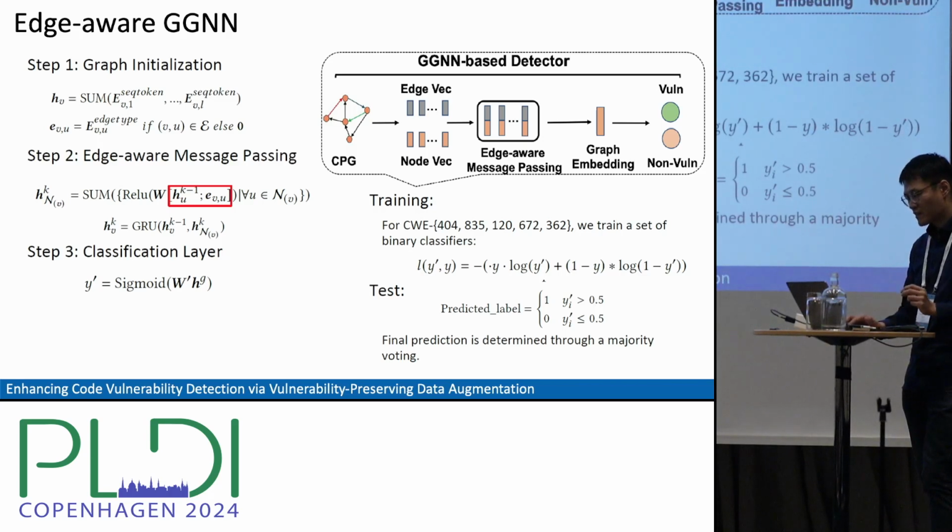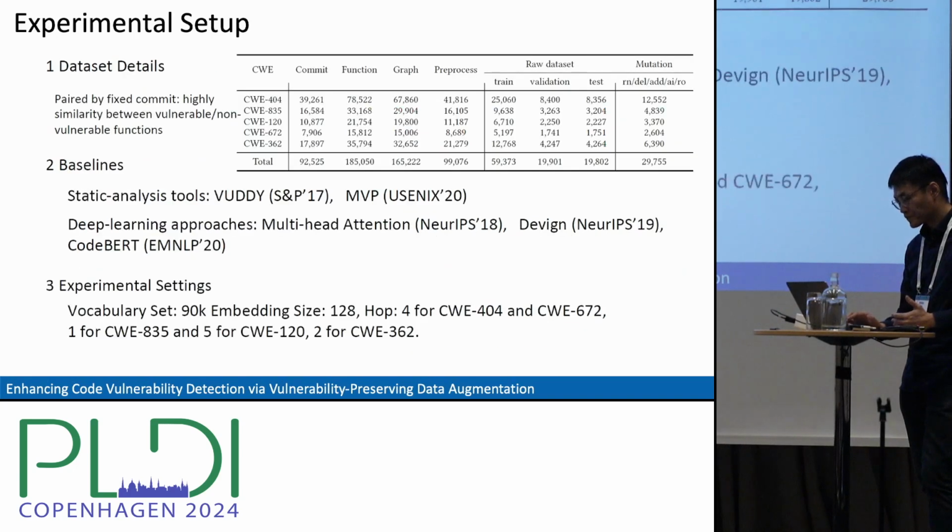Finally, a classification layer is used to make the final prediction. During the training stage, we train a binary classifier to detect each type of vulnerability. At test time, we use each classifier to make a prediction, and the final prediction is then determined by majority voting.